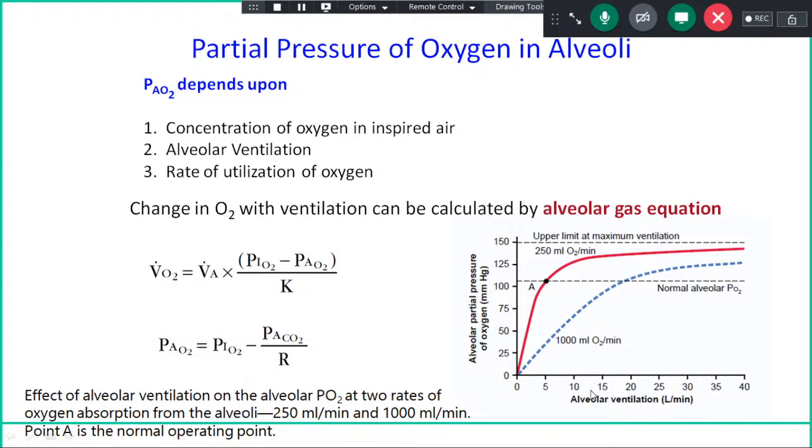With the alveolar ventilation, you can just imagine that you are taking in air. So by logic, whenever you are taking in air, we know the concentration of oxygen in inspired air. So depending upon that, our alveolar PO2 would be affected by the concentration of oxygen in the inspired air.